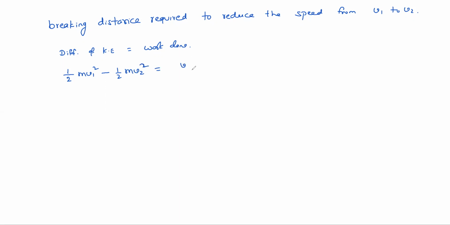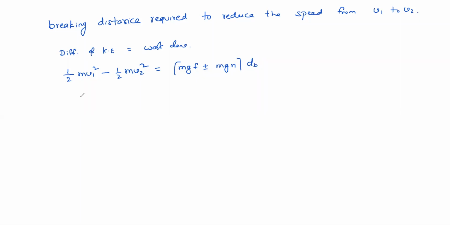So that's why we write here work done: mgf is the braking force generally, into braking distance, plus or minus mg sin theta. mg sin theta means, sin theta equals tan theta equals n, so mgn into braking distance.